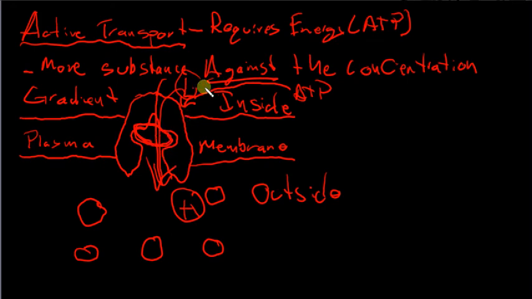So it's kind of like a Pac-Man. It opens up, and once the ATP binds onto it with the molecule moving from the inside to the outside, it changes shape. So it changes shape and pushes it out of the cell, moving it against this concentration gradient. That's why it's active transport.